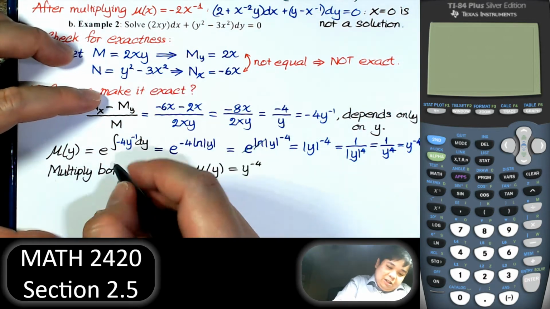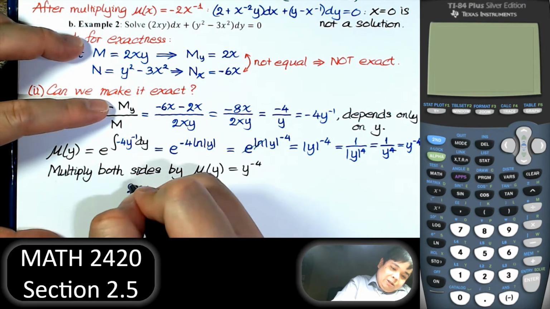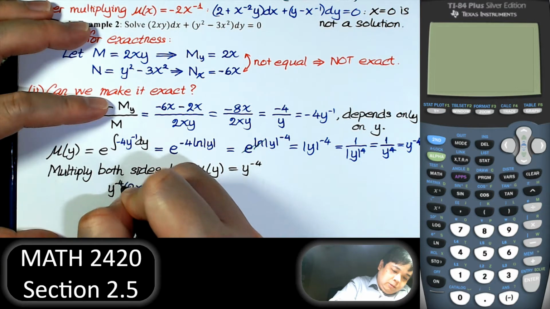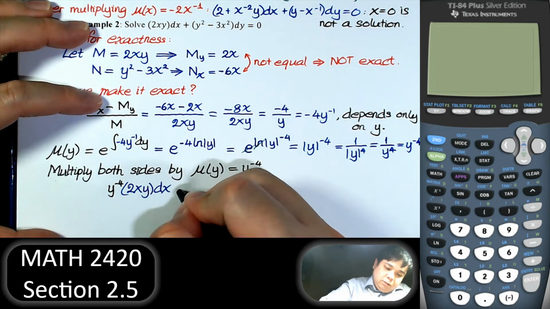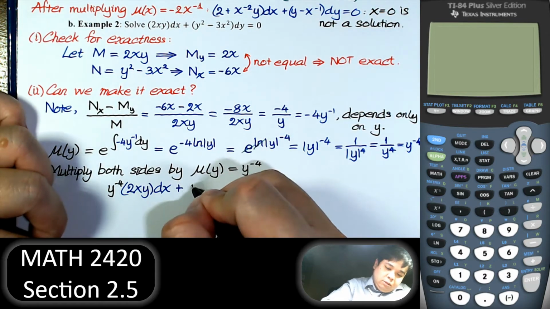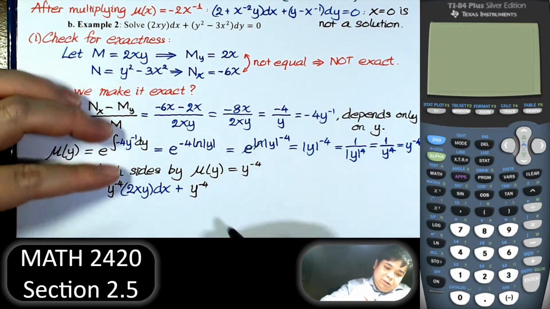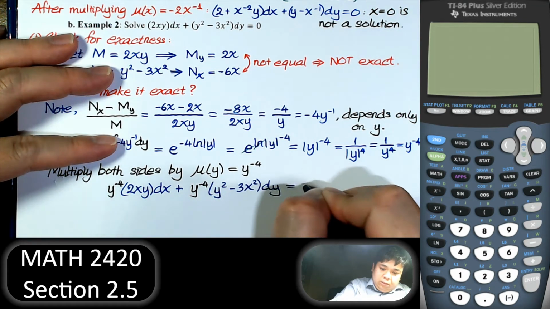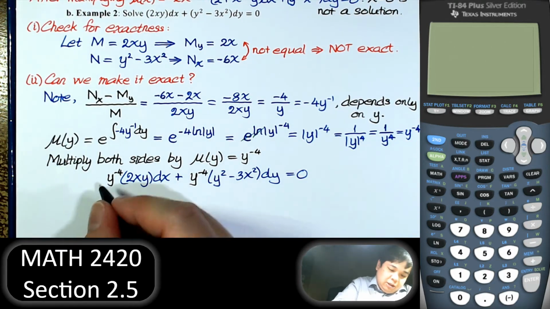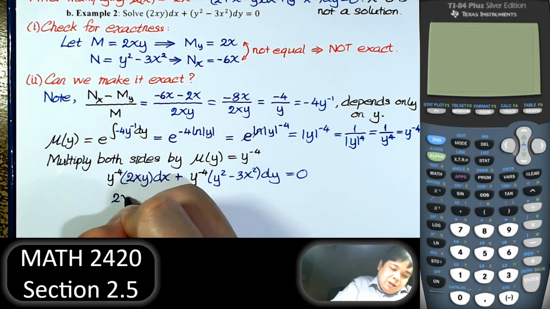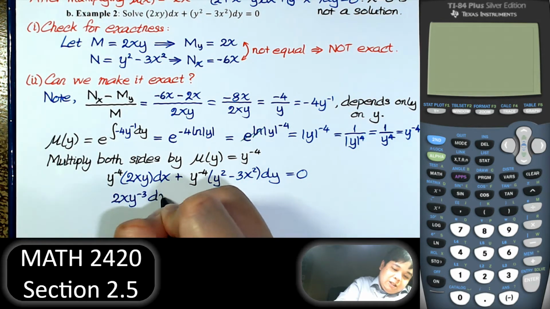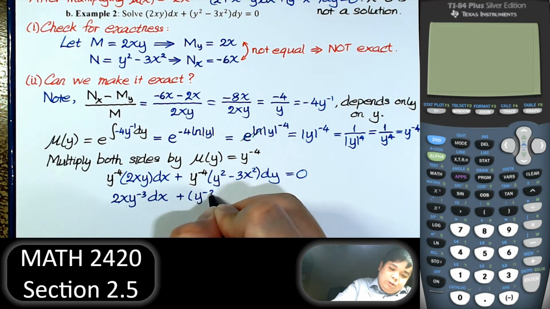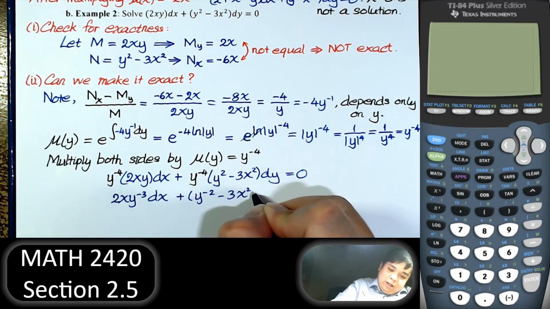So the equation becomes 2x y to the -3 dx, multiply inside, y to the -2 minus 3x squared y to the -4.